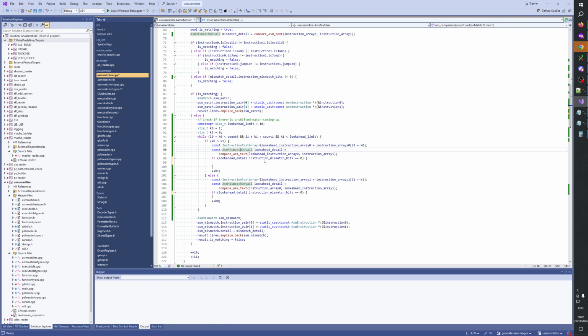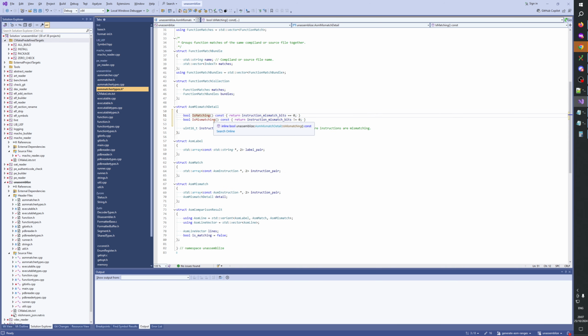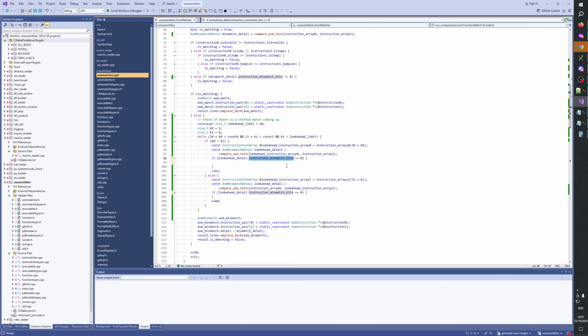Yeah, a little helper. So then we can say, hold on, I have violated the naming conventions again. Is mismatching. So if is matching, that's what we want to say, is matching.